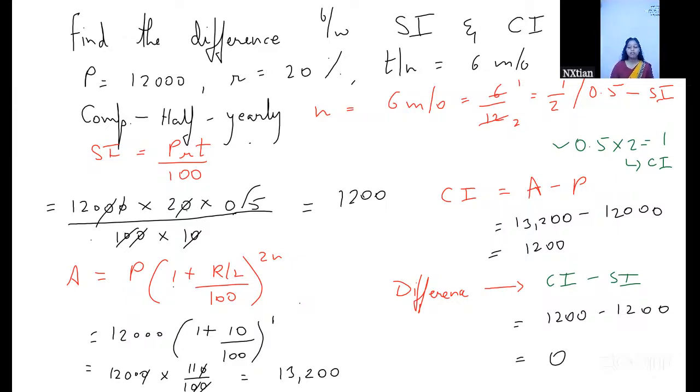All the values of simple interest will be taken as it is, but in compound interest we use the compounded half yearly: R by 2, time into 2, or time into 4, or R by 4. All those things we do in the compound interest. The simple interest formula is one formula in every case, PRT by 100 as it is. So don't break the rate or the time or anything when we calculate the SI.